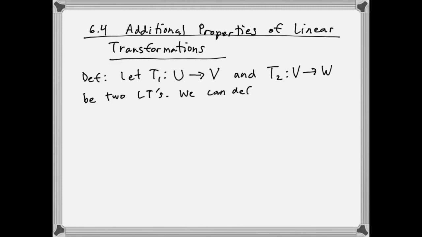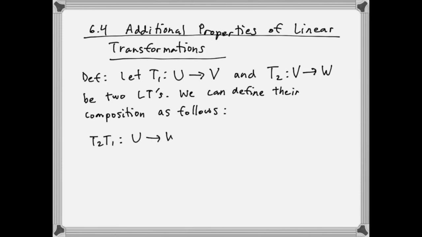We can define their composition as follows. T2, T1 is how you compose the maps, and this is how you write it down. You write T2, T1, and now this is a map that goes from U to W.